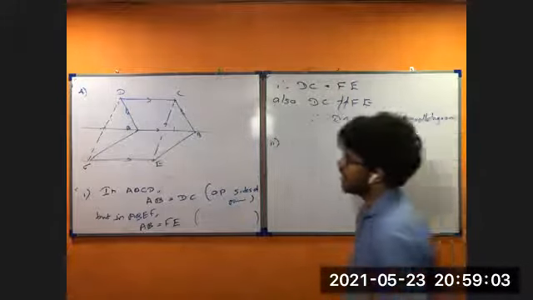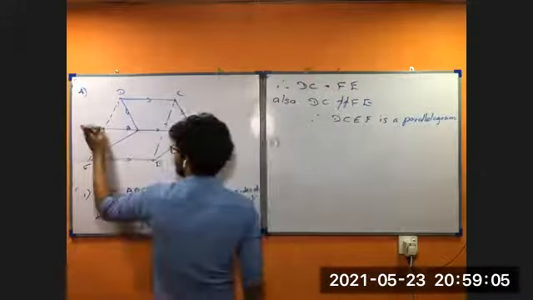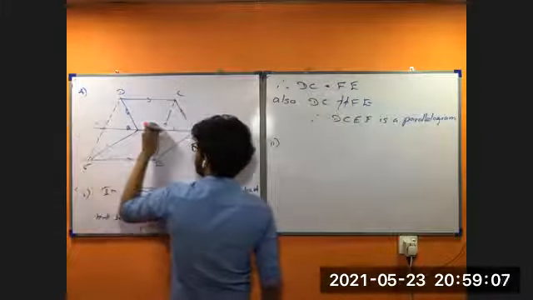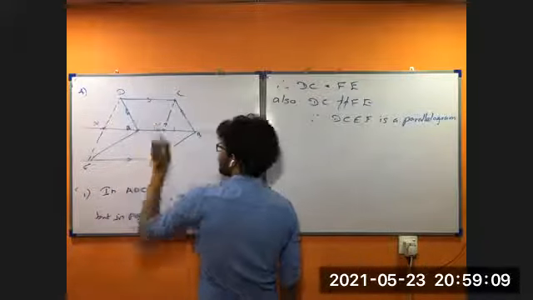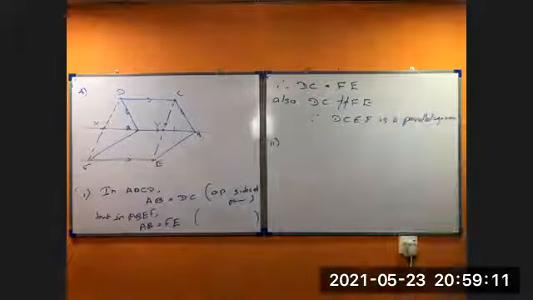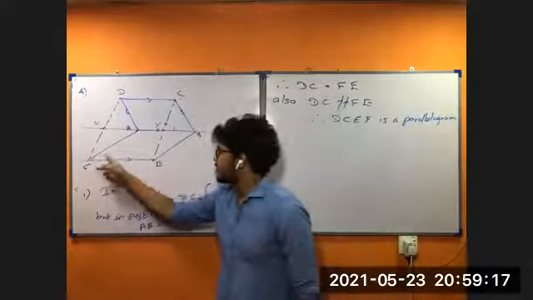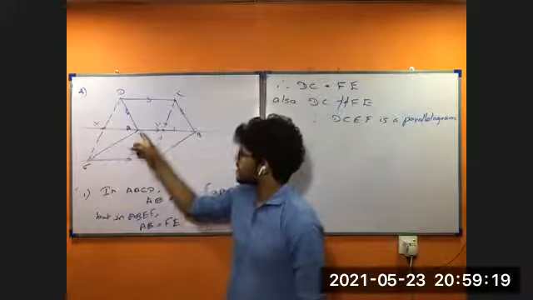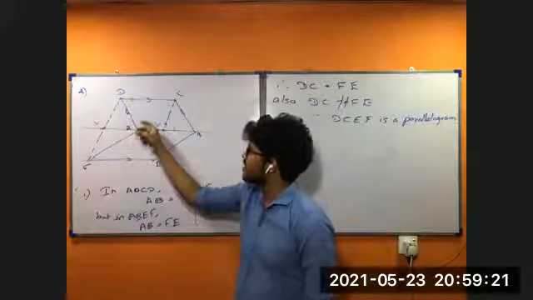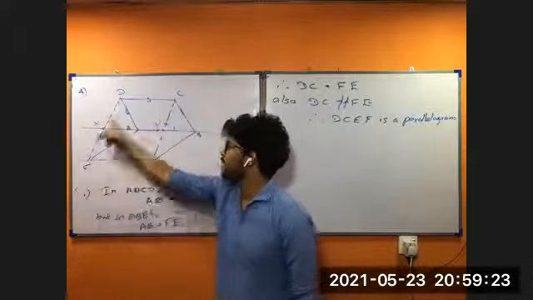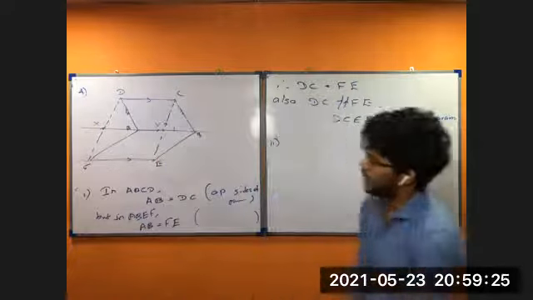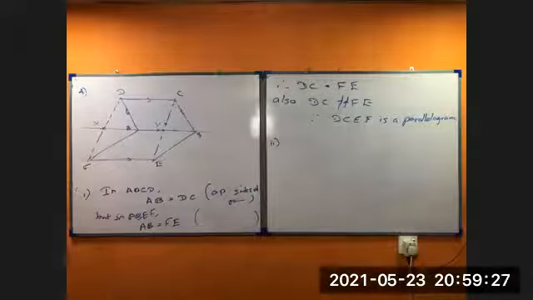Let me mark this point X and this Y. You have to prove that the area of this parallelogram plus the area of this parallelogram is equal to the area of this big parallelogram. How to show that?